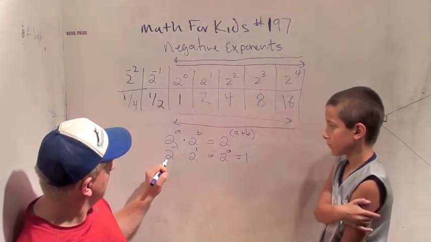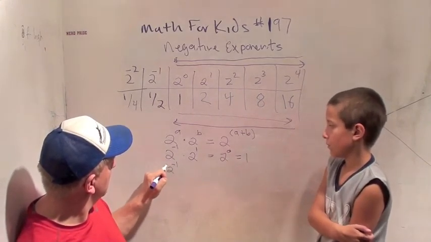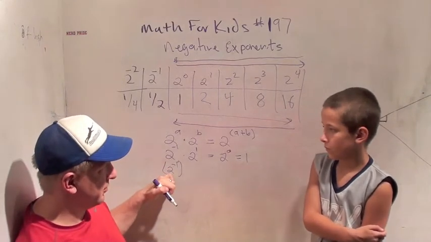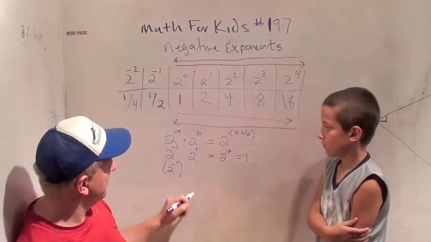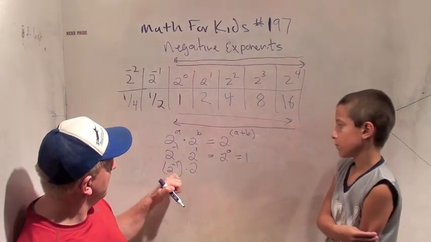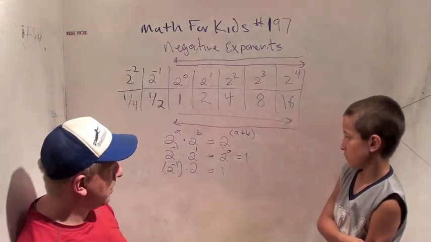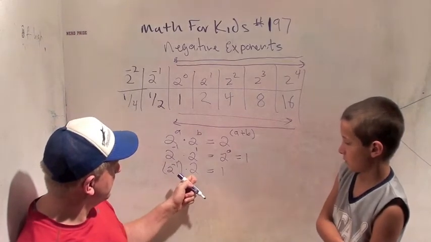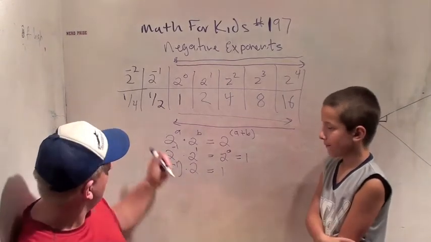Pretending we don't know what 2 to the minus 1 is, 2 to the 1 is 2. So 2 to the minus 1 times 2 should equal 1. What number times 2 equals 1? A half, just like we thought.